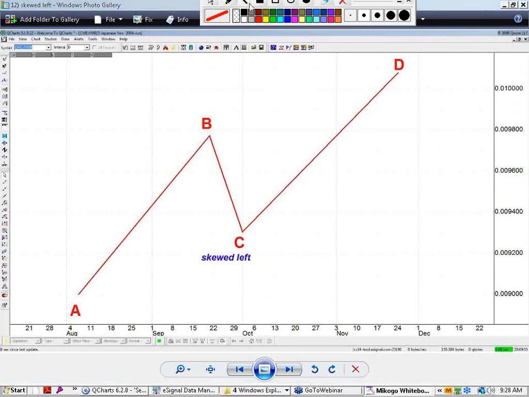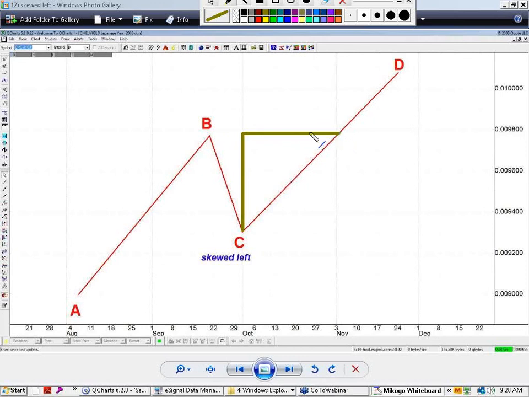And here's what I mean by time issue, and why skewing is a time issue. When something is skewed to the left, visually you'll see that the pivot low of C, if you were to draw a vertical line straight up into the height of point B, is closer to B than the actual bar that breaks above B. Now, this is a line chart, which I'll show you some diagrams and examples in price charts in a minute.